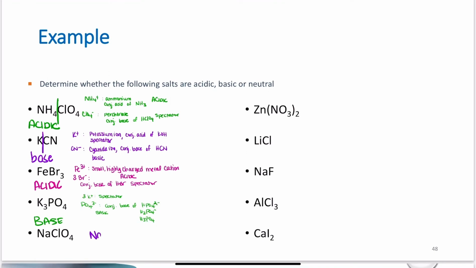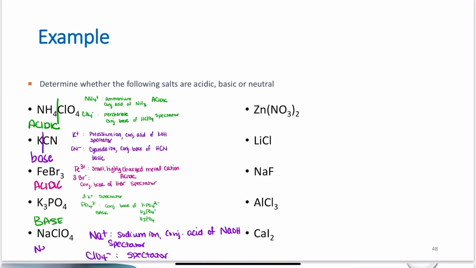NaClO4. Na+, sodium ion, conjugate acid of NaOH, which is a strong base, so spectator, and ClO4-, perchlorate comes from perchloric acid, we discussed above, also a spectator.